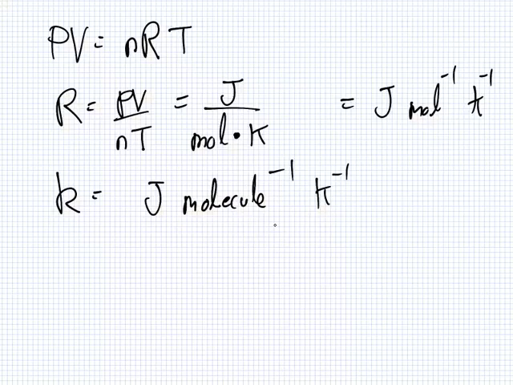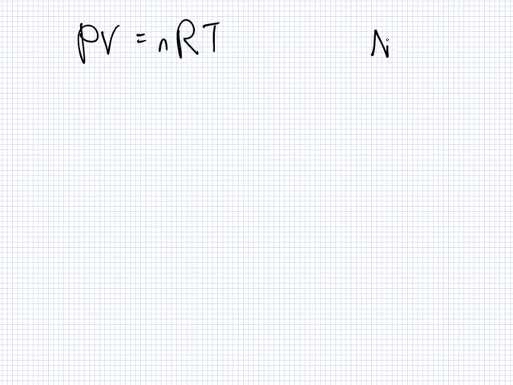So if you look for a moment here, we have PV equals nRT. And you also know that N equals n times Avogadro's number. So you can say n equals N over Avogadro.